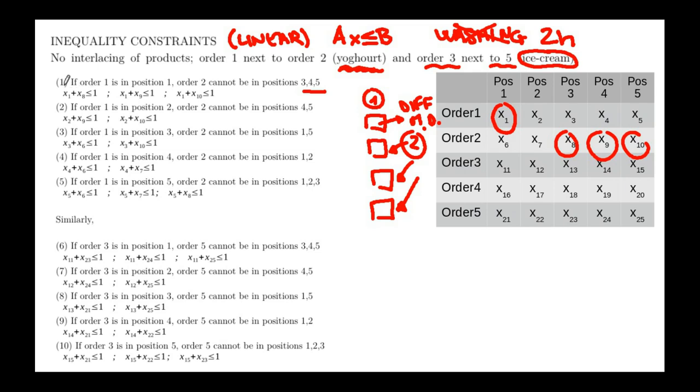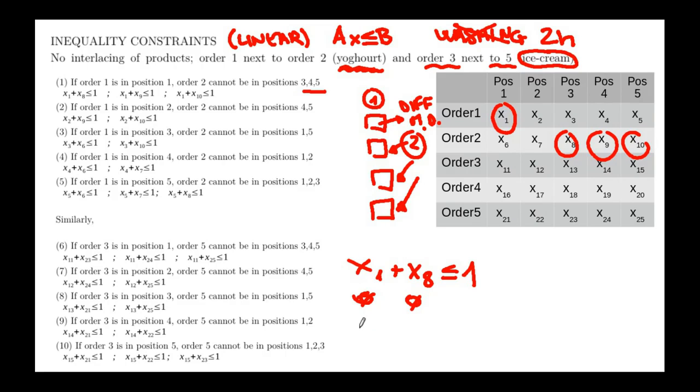Because I need to take care of the different combinations. x1 plus x8 could be 0, 0. So order 1 is not assigned to position number 1, and also order 2 is not assigned to position number 3.